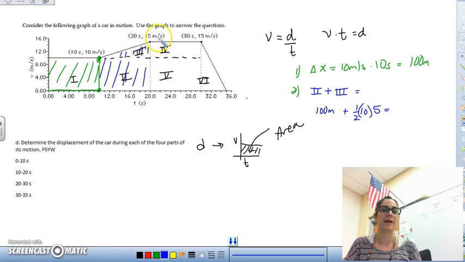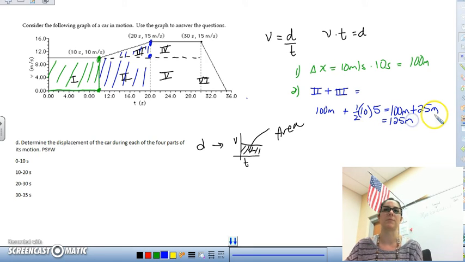So it's not 15. I almost wrote 15. It's a common mistake. So from here to here is what we want, and that's where the 5 comes from. Okay, so 100 plus 5 times 10 is 50, divided by 2 is 25 meters. There we go. It becomes 125 meters as the displacement for that section.